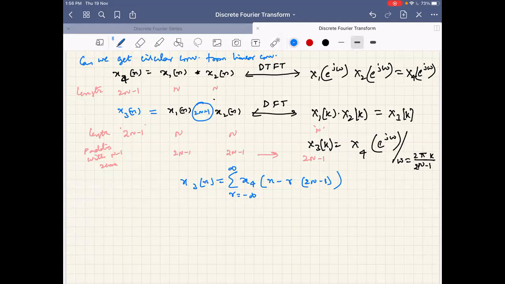To write in a different notation, if we denote this as m equal to 2n-1, then we write omega equal to 2 pi by m into k, if we sample x4.